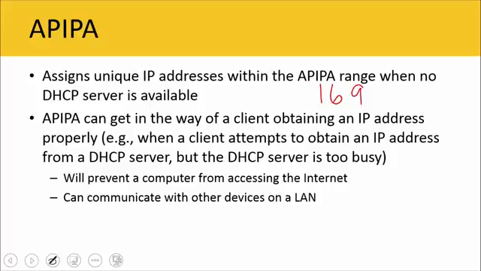When a client attempts to obtain an IP address, the DHCP server might be too busy or some other issues might come up. And it will prevent a computer from accessing the internet if you have one of those addresses. But the good news is that you can use it to access and communicate with other devices on your local area network.